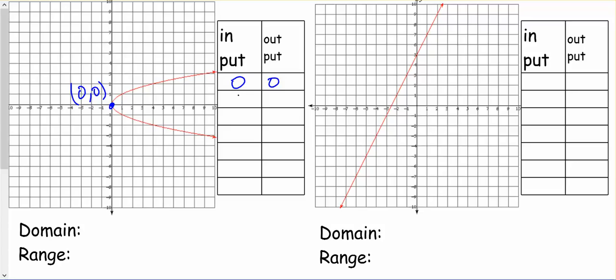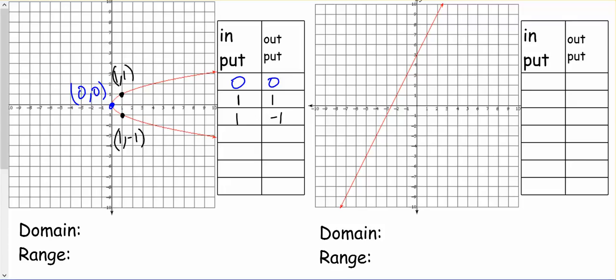For an input of 1, I've got the point 1, 1. So I've got an output of 1. But for an input of 1, I also have the point 1, -1. And anytime I have the same input but I get different outputs, I consider this not a function.